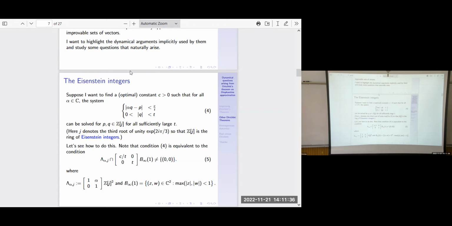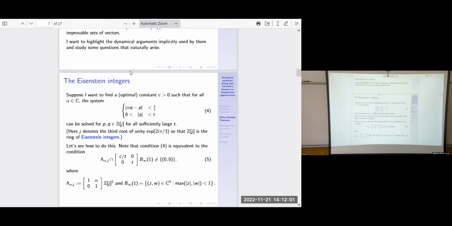So it's generated by 1 and J, so you get a whole bunch of points. It's a lattice that you get. It's like Z and R, you have Z[J] and C. This is a quadratic extension, with J equal to minus 1/2 plus i times square root of 3 over 2. You take the field of fractions.